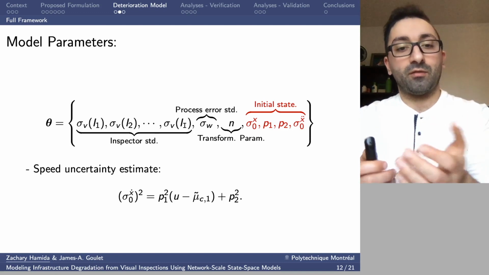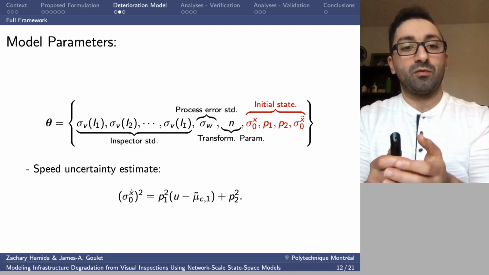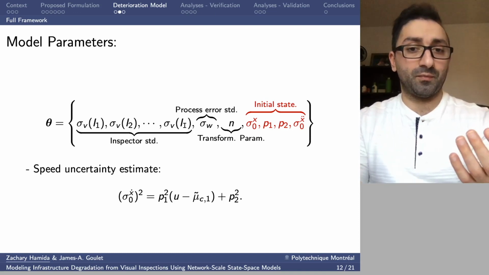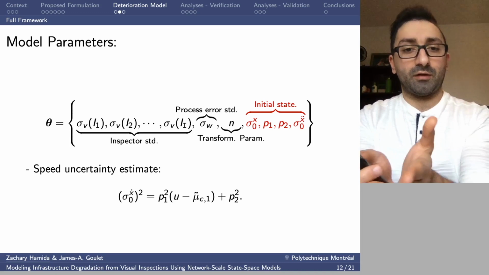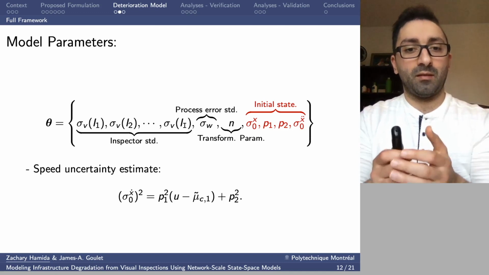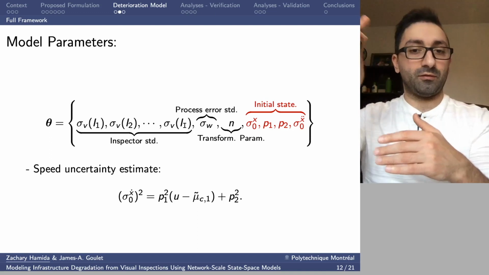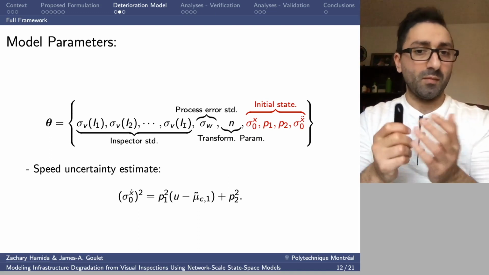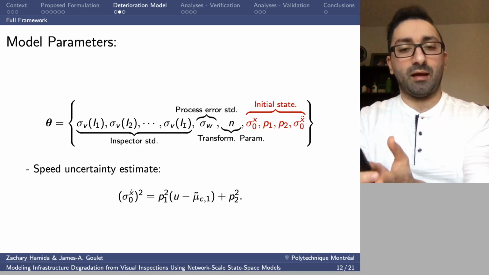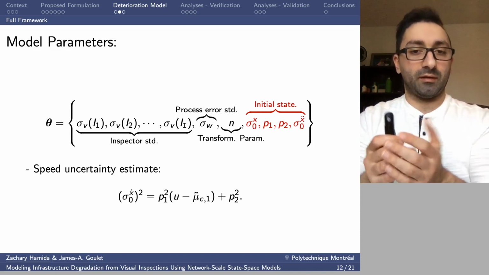And in this, through experimentation, we found out that it's better suited to model the variance of the deterioration speed as a function of the condition. And that is described by the equation shown here, where we have p1 squared, which is a parameter, multiplied by u, which is the upper bound for the health condition, for example, 100 in our case, minus mu c1 tilde, which refers to the condition at time step 1, plus p2 squared, which is also another parameter.